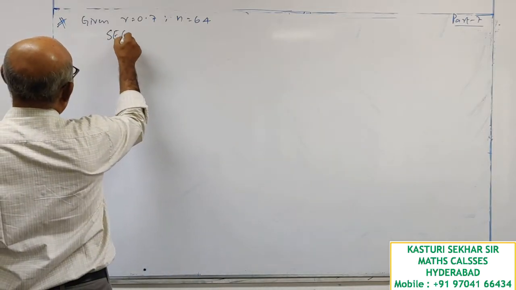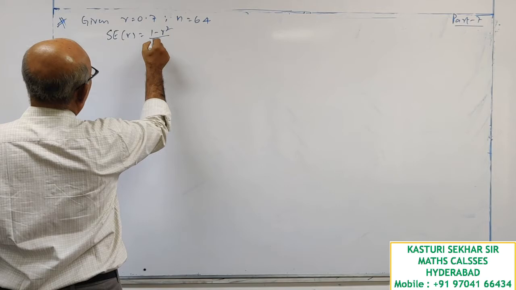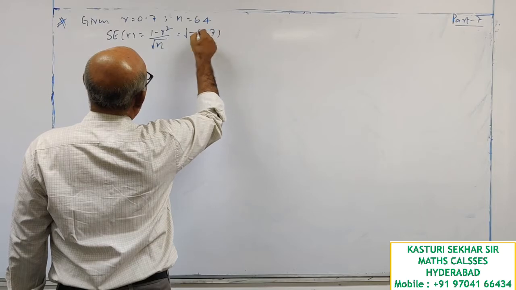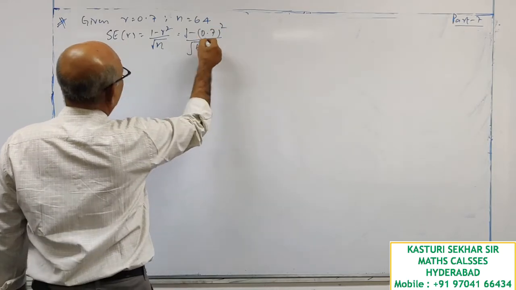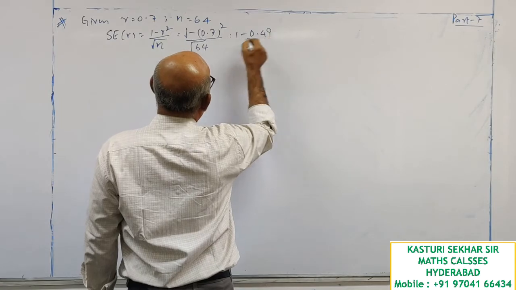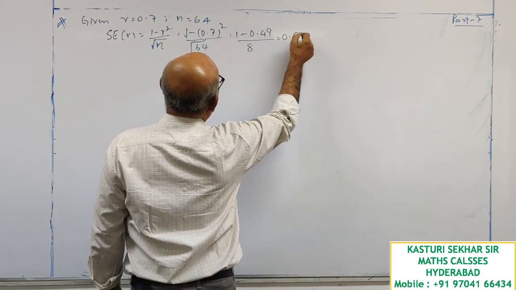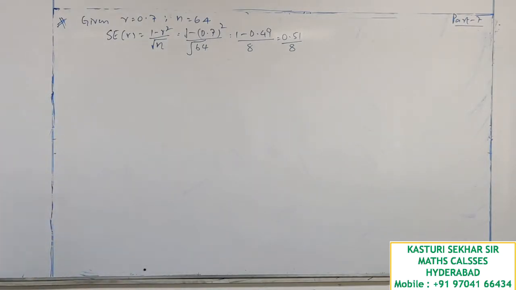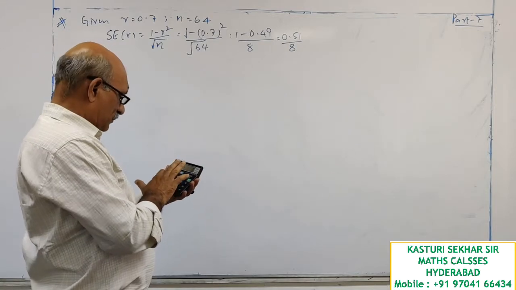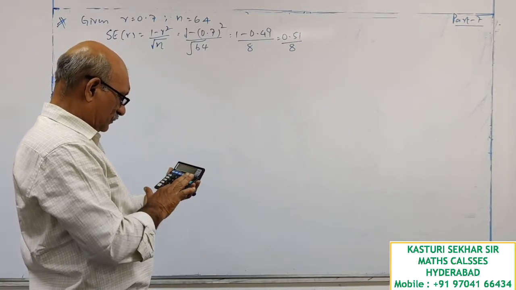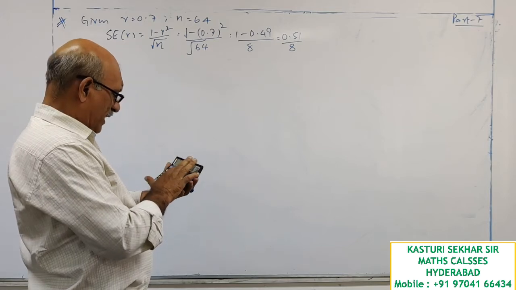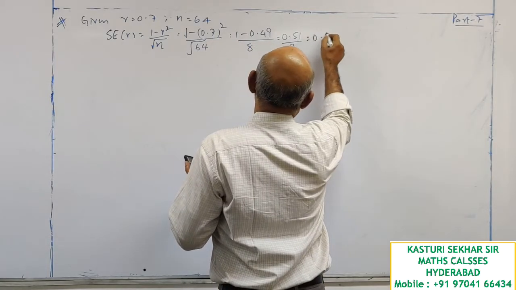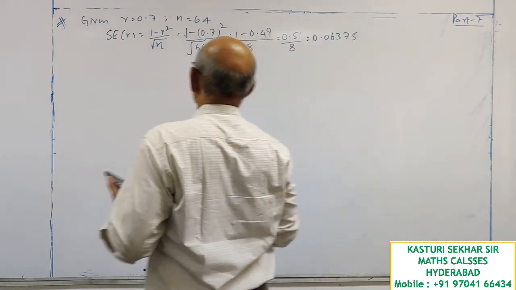So standard error of r is equal to (1 minus r square) by root n, 1 minus 0.7 whole square by 64 under root. 1 minus 0.49 divided by 8, 0.51 by 8, that is 0.06375.